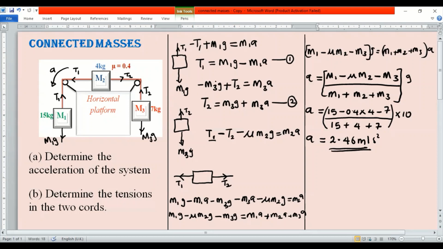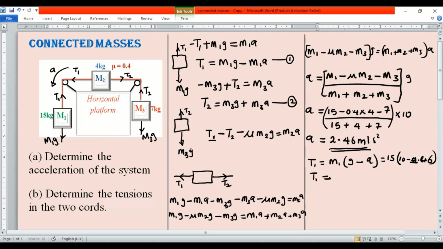All right, if you want to get the tension, maybe T1, T1 equals M1 into G minus A. So M1 is 15 into 10 minus 2.46.